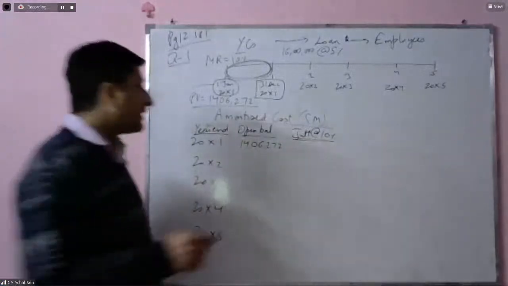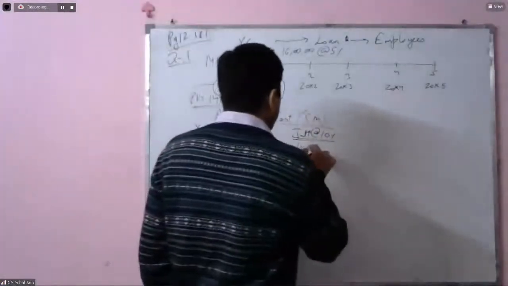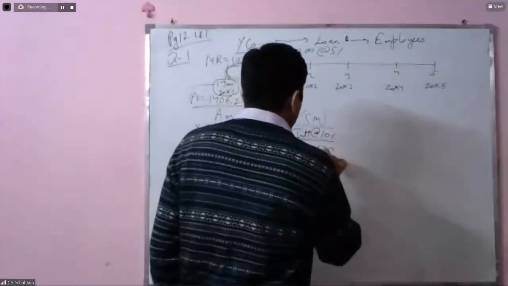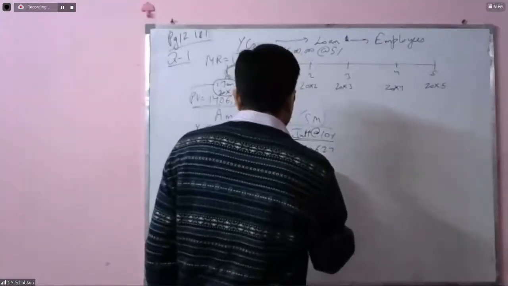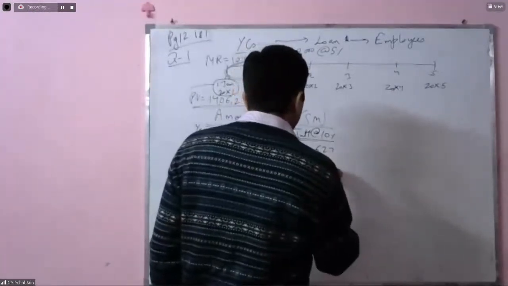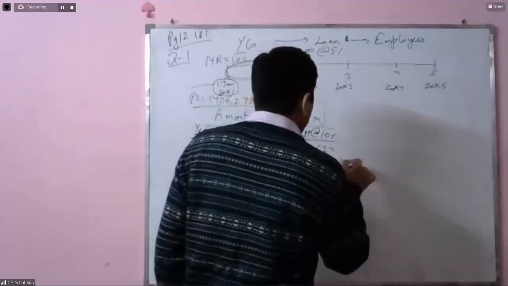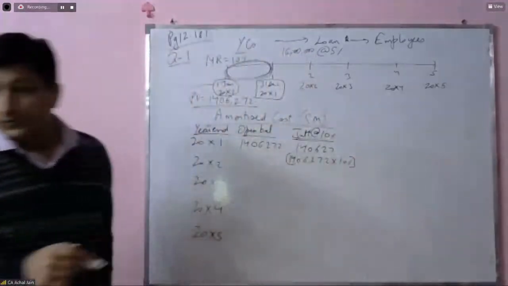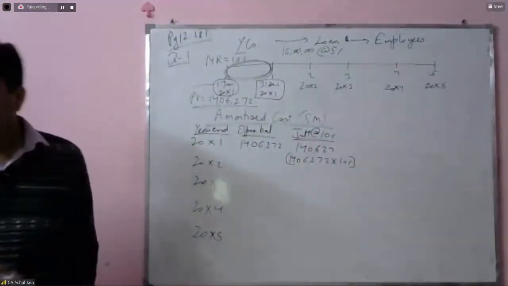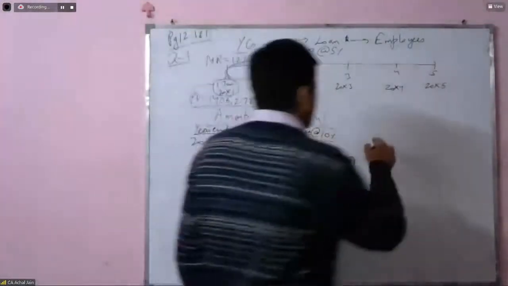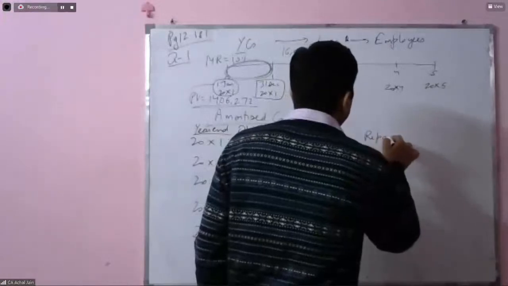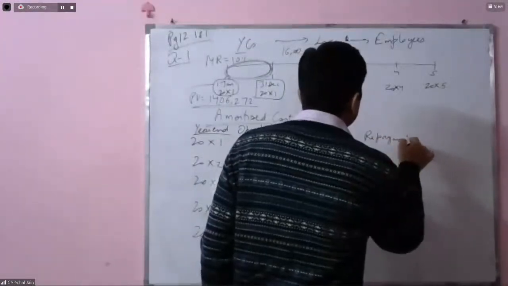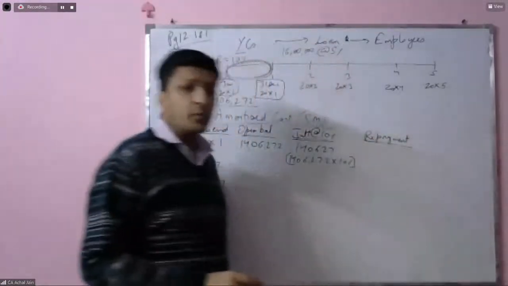Correct? So in the first year, what will happen? We will get 1,40,627. How do we get it? 14,06,272 into 10%. Simple? What's the repayment? Then we have repayment, which is already computed by us.